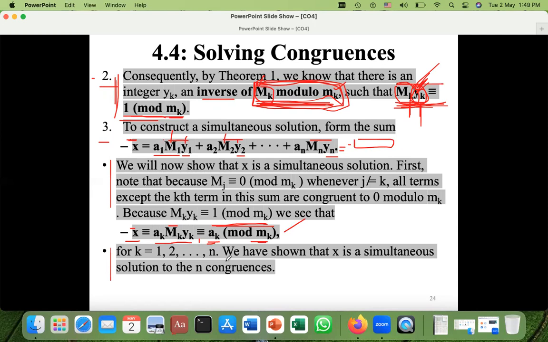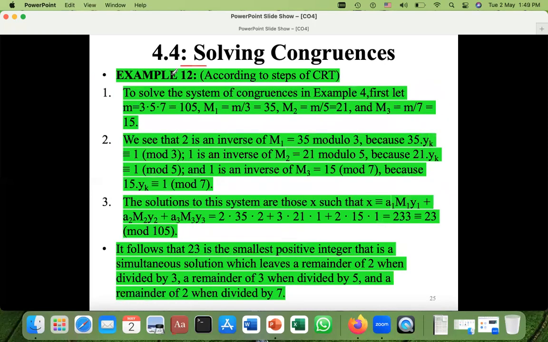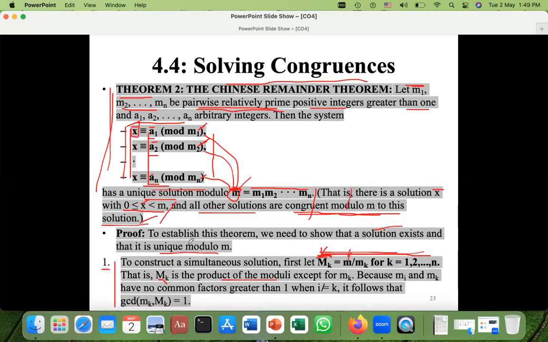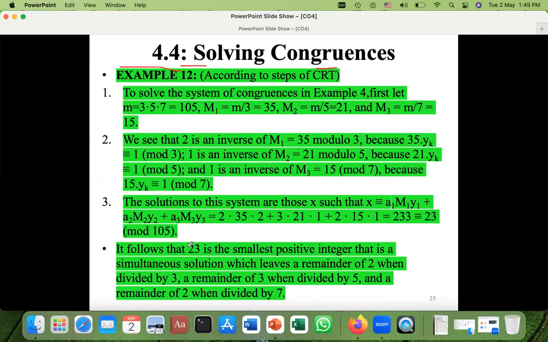This is the general proof, which you can verify from this example 12. So here, according to the steps of CRT, CRT means Chinese remainder theorem, this theorem which we discussed here. Okay. Just a minute.